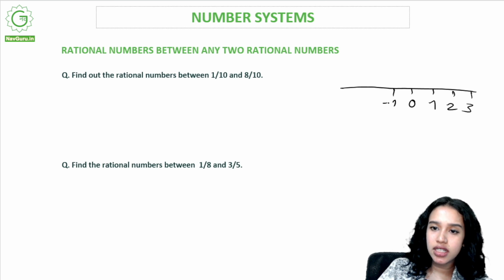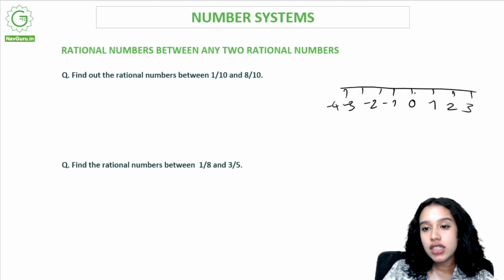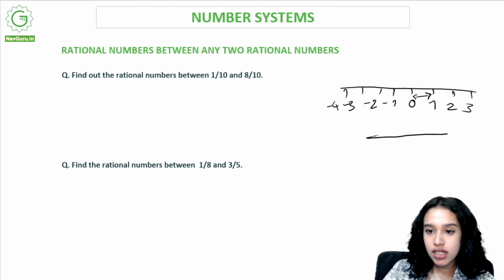Here again, -1, -2, -3, -4, it goes on from here too. So what is in between 0 and 1? We could say that between 0 and 1, we have 0.1, 0.2, 0.3 until we reach 1.